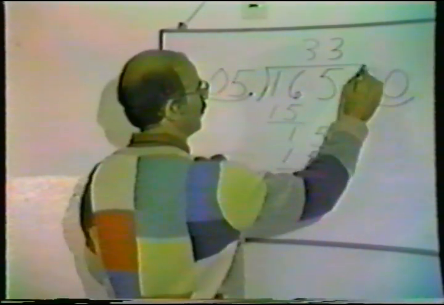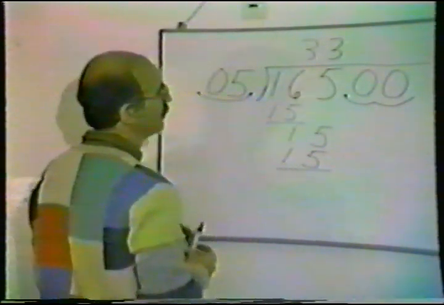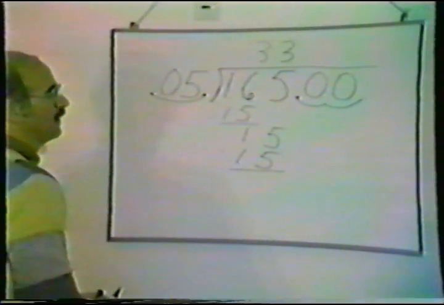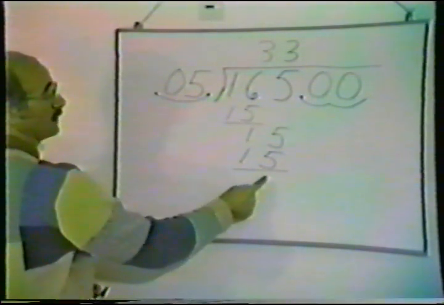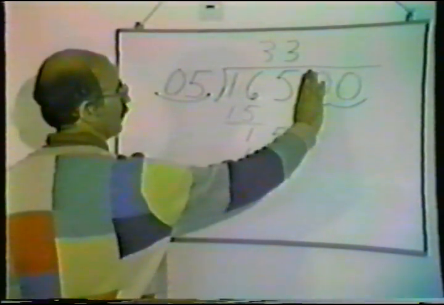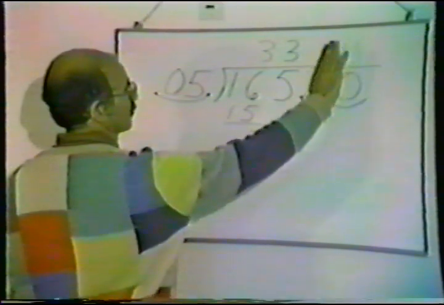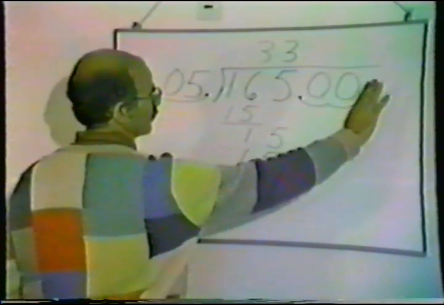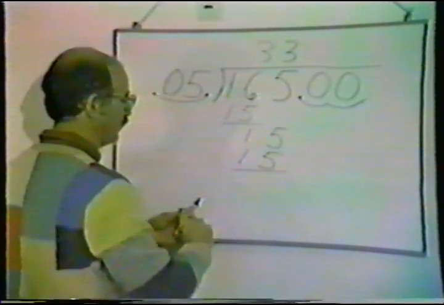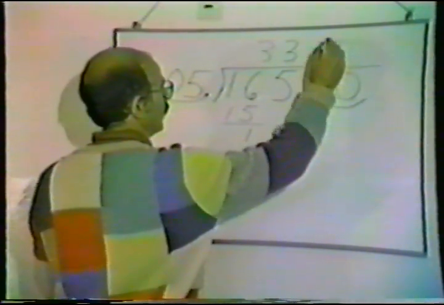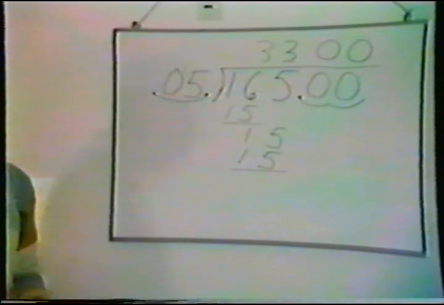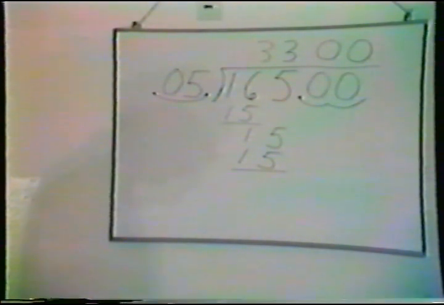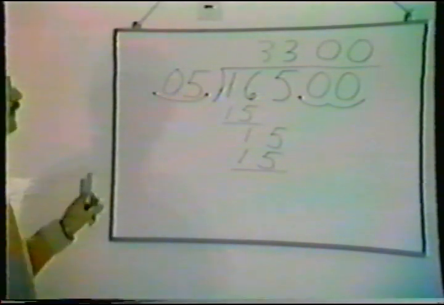And I extend my problem, and instead of bringing down the zeros, I can just see, since it came out evenly to this point, that another 0 here means a 0 there, and another 0 here means one up there, and so my answer will look like that. Please read the answer. 3,300. Very good.